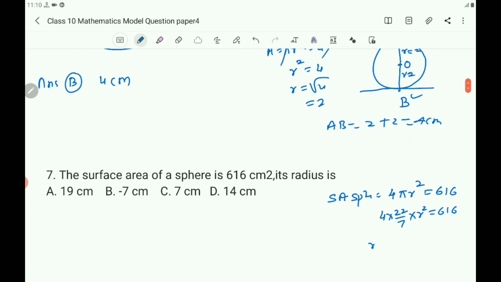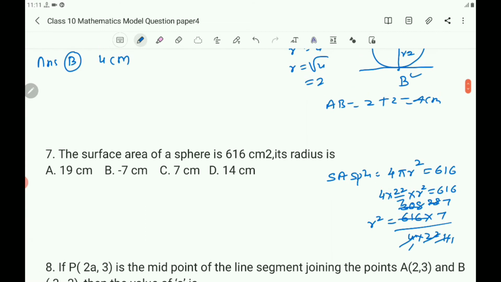Then you will get r square equals 616 into 7 by 4 into 22. So you will get 2 11s are 22, 2 3s are 6, and 0, 2 8s are 16. Then you will get 11 1s are 11, 11 2s are 22, 8 is remaining, 11 8s are 88, 4 1s are 4, 4 7s are 28.